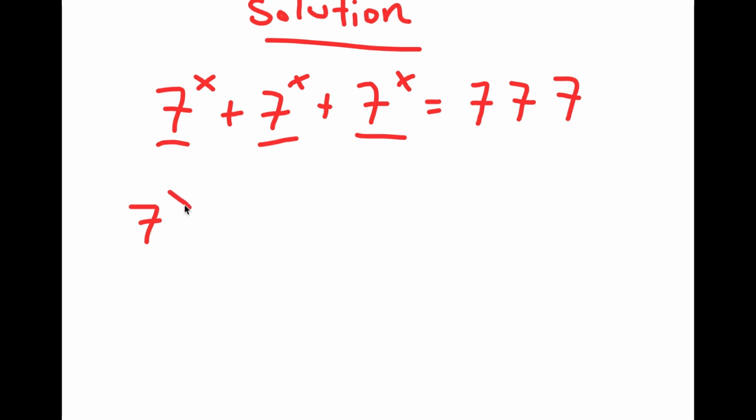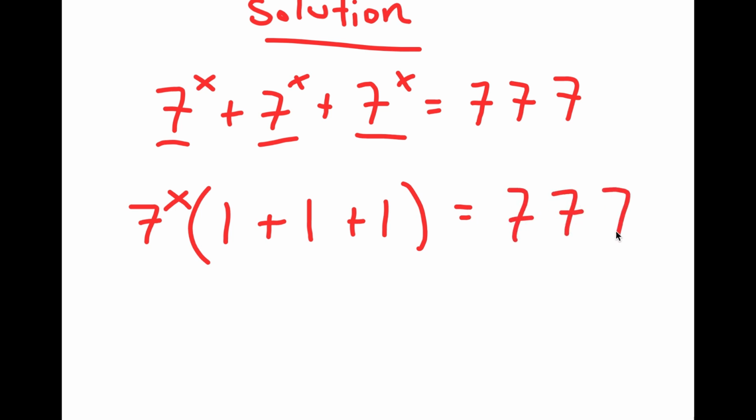So now, if I factor out 7 to the power of x, I get 7 to the power of x times, well, 7 to the power of x divided by 7 to the power of x is 1. So I get 7 to the power of x times (1 plus 1 plus 1) is equal to 777.